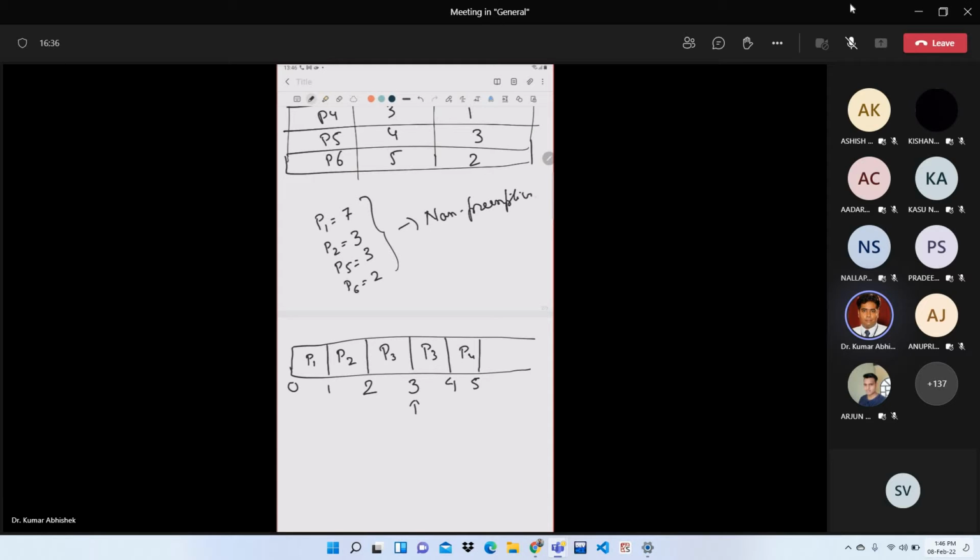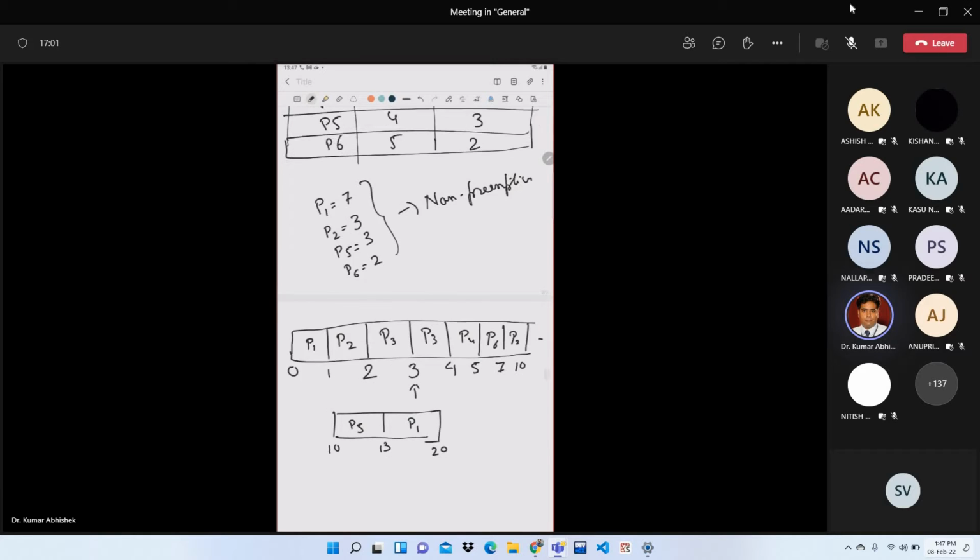So what will be executed now? From 5, P6 will be executed till 7. Then P2 will be executed till 10. Then P5 till 13, and then P1 will be executed till 20.